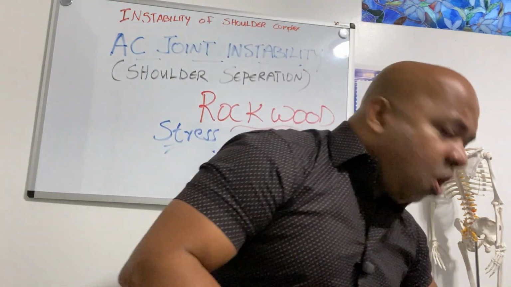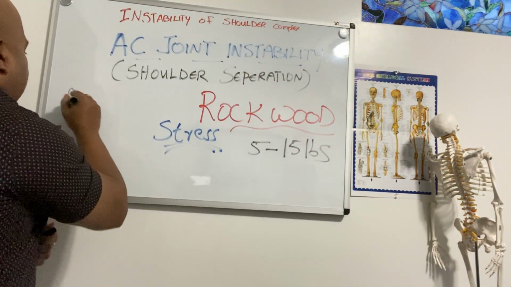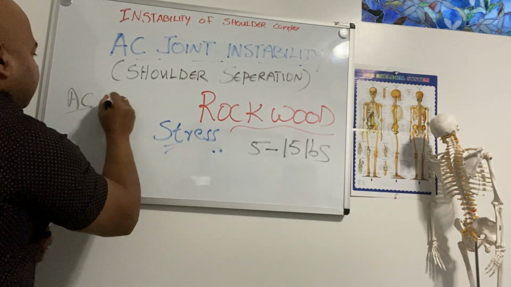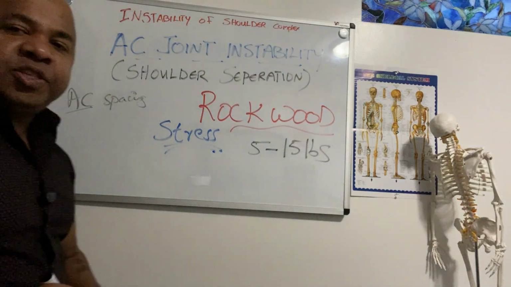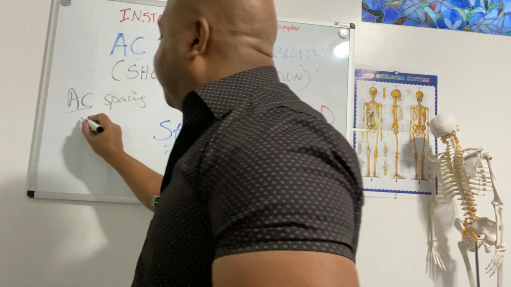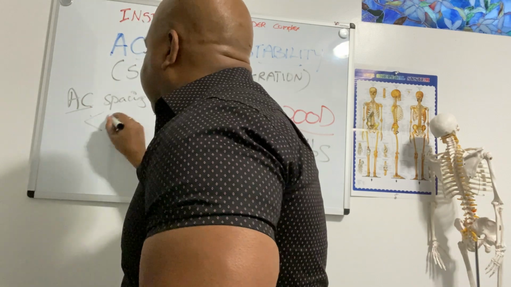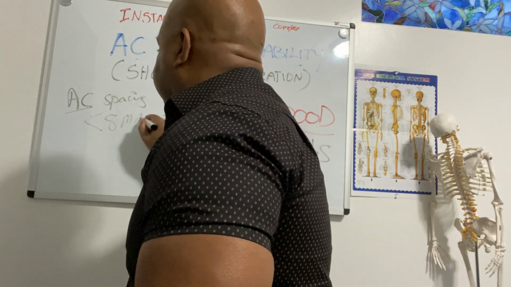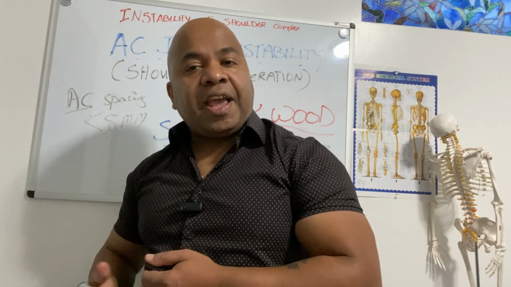So what is the normal acromioclavicular joint separation? The normal spacing of the acromioclavicular joint is less than 8 millimeters.